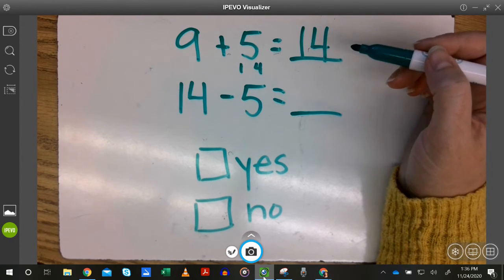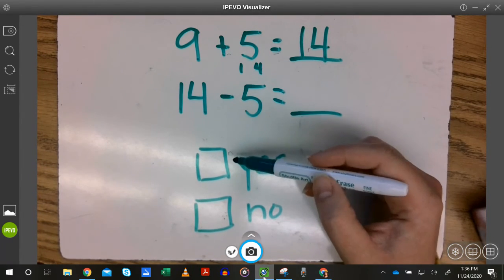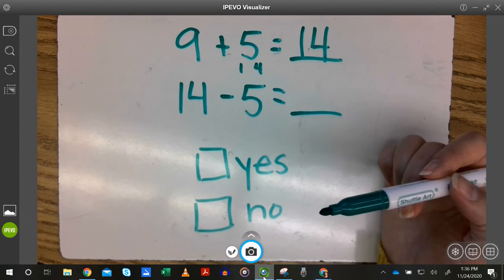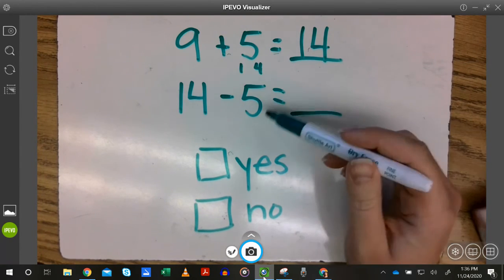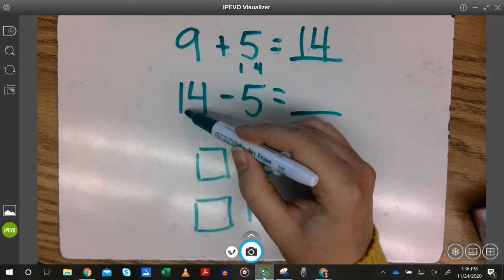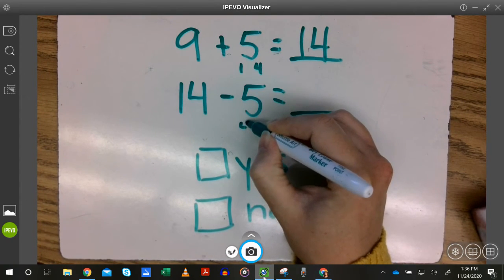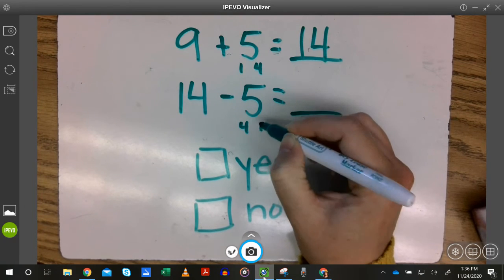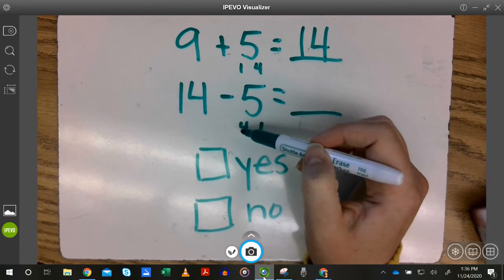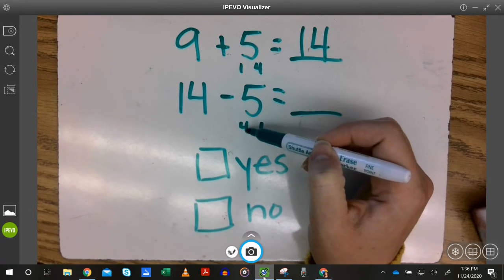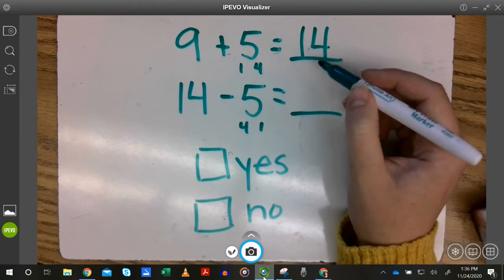Are you still thinking your same answer, yes they're related, or no they are not? Let's keep going. 14 minus 5. Well, it's very easy to take away 4, but then I would need to take away 1 more. So 14 minus 4 takes it down to 10. 1 more takes it down to 9.